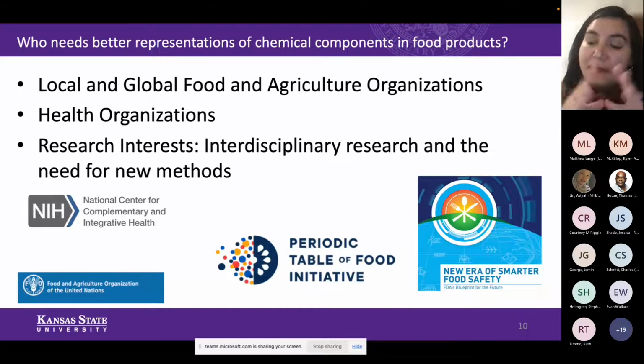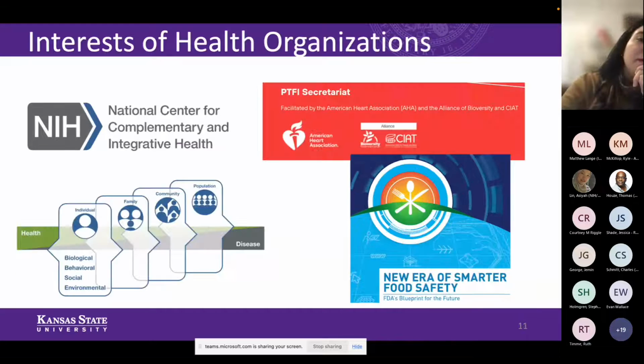I will talk a little bit about how they are important and why they're very much connected to health and disease and drugs and food and agriculture. That's why we chose to focus on a very limited data set at the USDA and really try to identify how we can represent chemical composition components of food products better using ontologies.